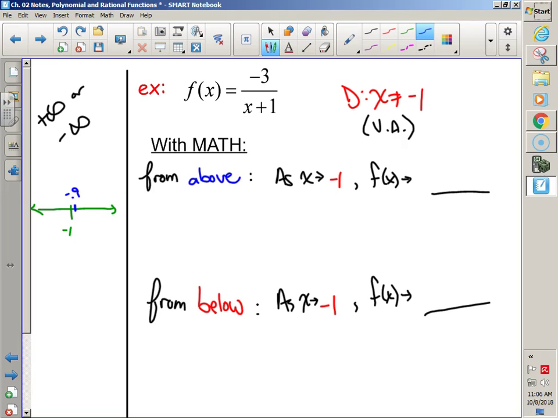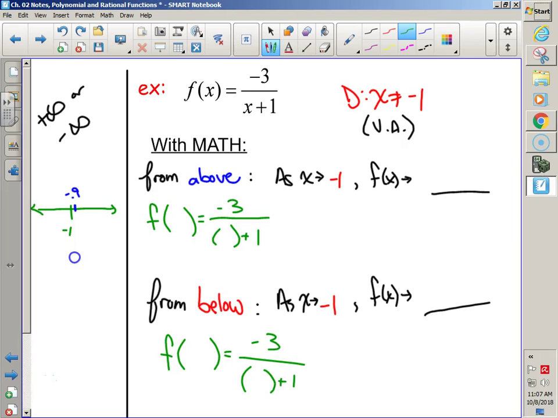And we're going to use that representative number to plug in. Plug into what? Plug into our function. So we could go ahead and say f of negative 0.9 equals negative 3 over, we're just plugging into our function. We're going to do the exact same thing as we come down here coming from below.